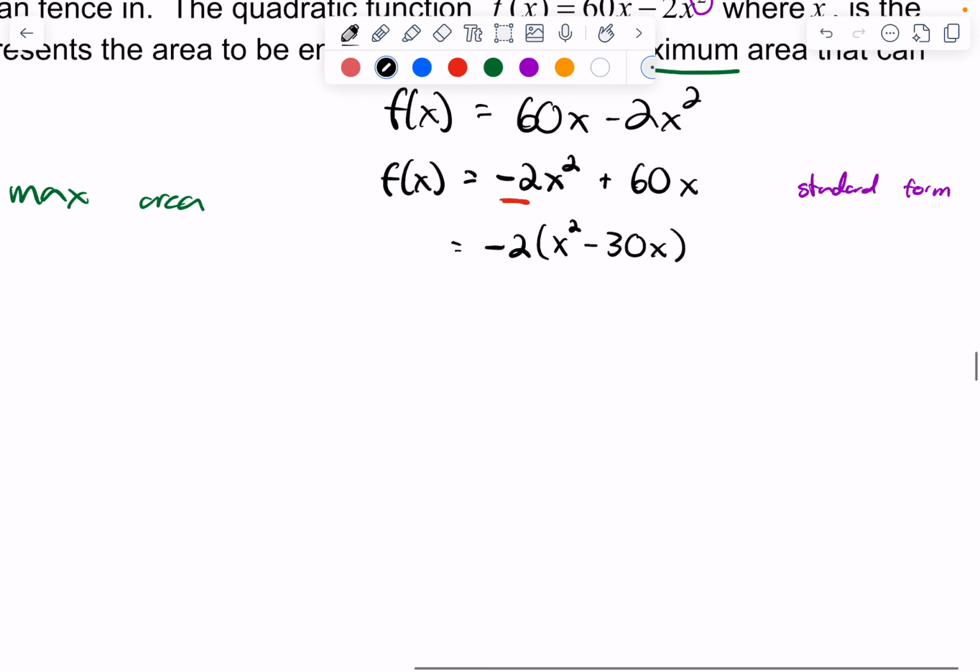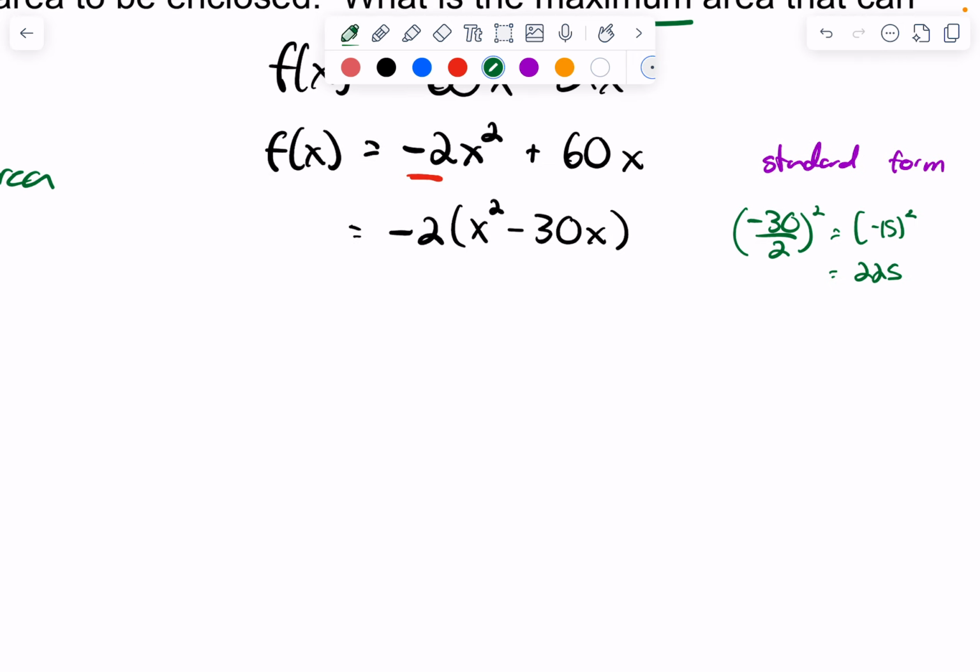Now take that minus 30, divide it by 2, and square it. So that's negative 15 squared, and that is 225. So minus 2 times x squared minus 30x plus 225 minus 225.